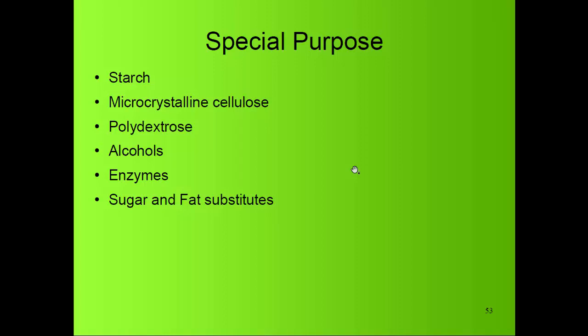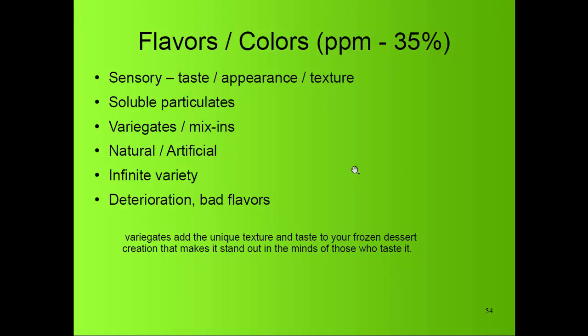There's also a couple of special purpose things that you'll find in ice cream, maybe some starch, some polydextrose, alcohols and enzymes, and sugars and fat substitutes. Also, some flavors and colors can be added, right?